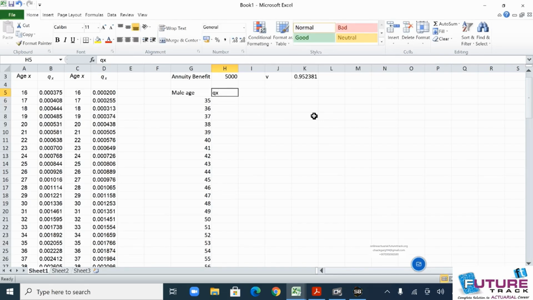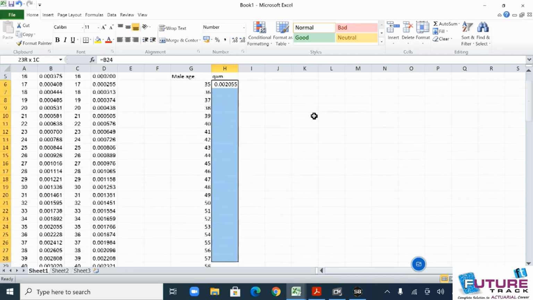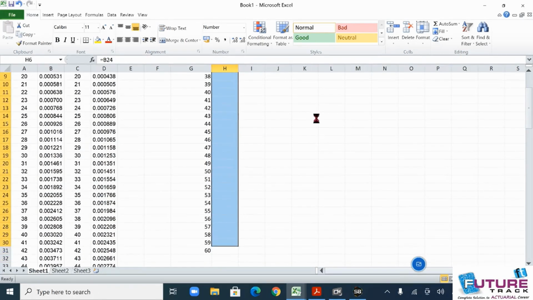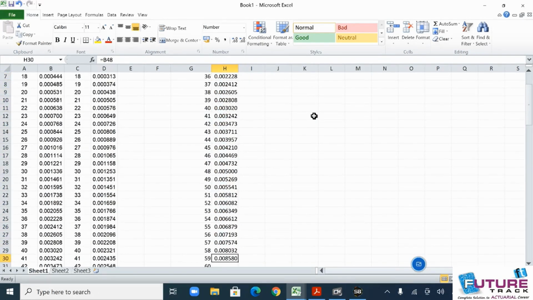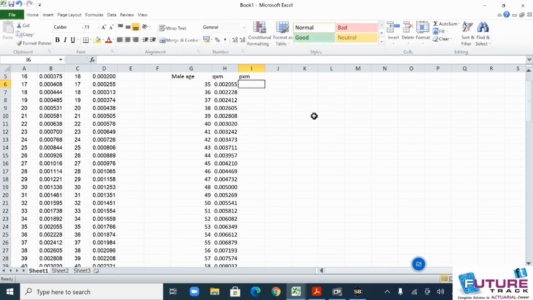I am writing qx male because it is male and 35 is there. So this is my q35, and bring it till 59, not even 60, because at 60 the policy expires. So class, we are finding px male, that is 1 minus qx male.